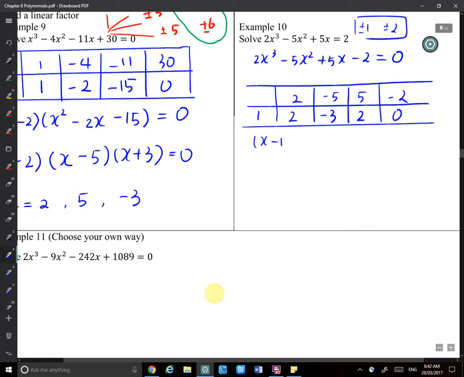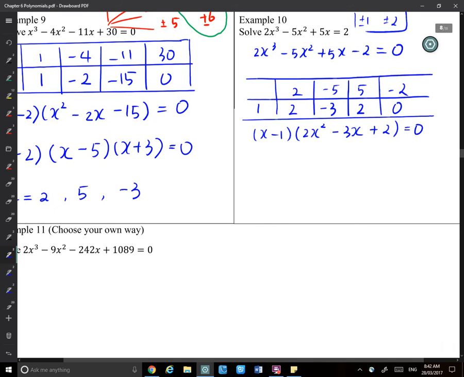Then I will have x minus 1 times 2x squared minus 3x plus 2 equals 0. I want 2 and 2 to make a negative 3 for me, so I have 1 and 2. Wait, I'll check this first.